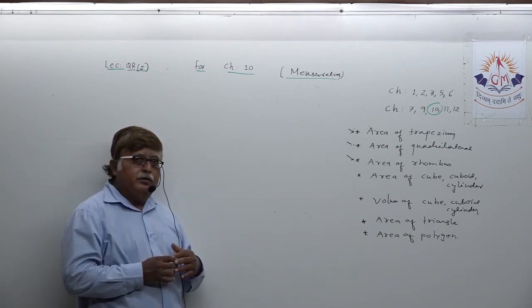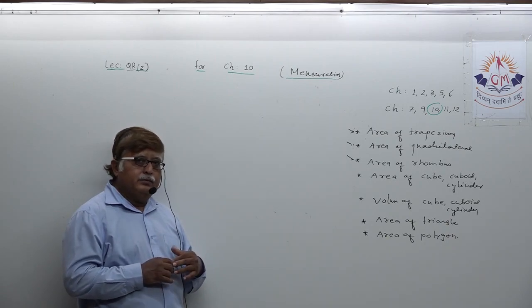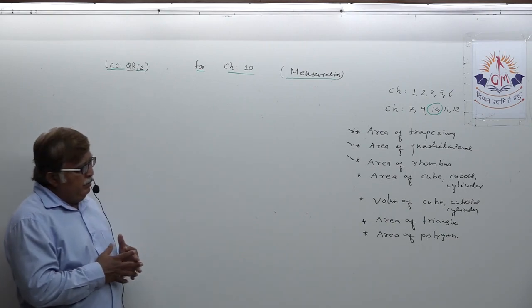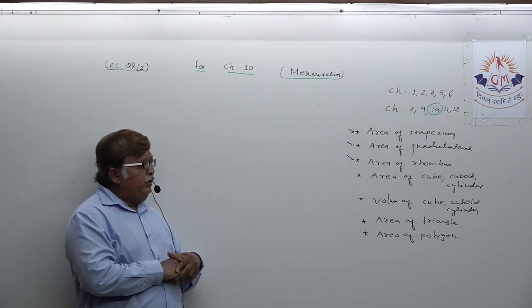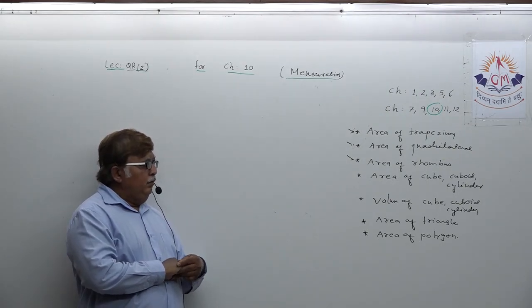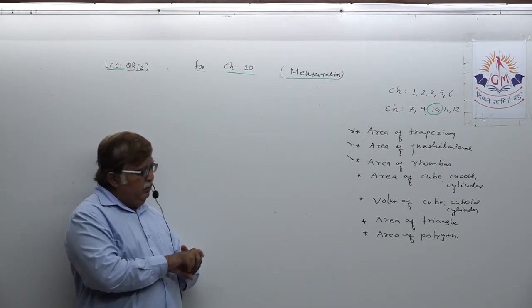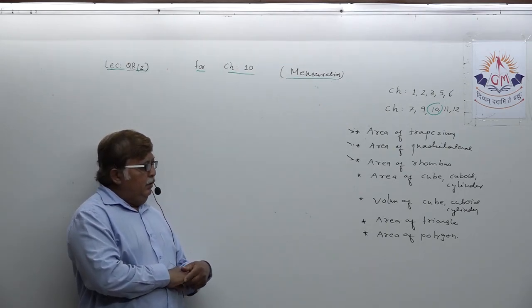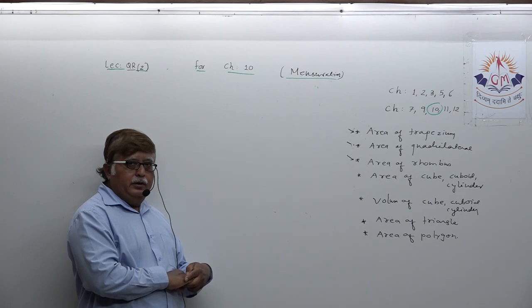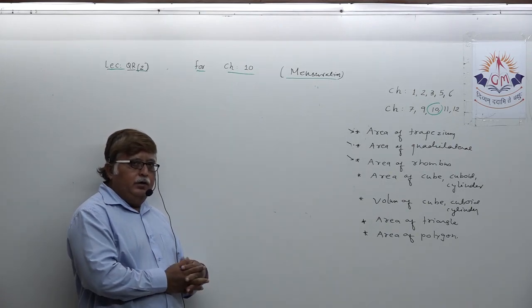10 is concerned, in our first QR lecture we have taken revision of area of trapezium, we have taken revision of area of quadrilateral, and we have taken revision of area of rhombus.